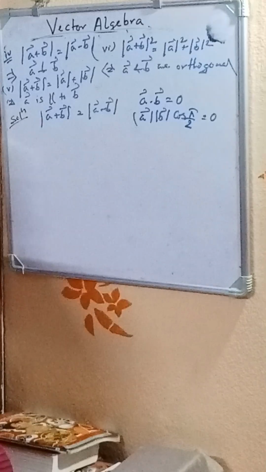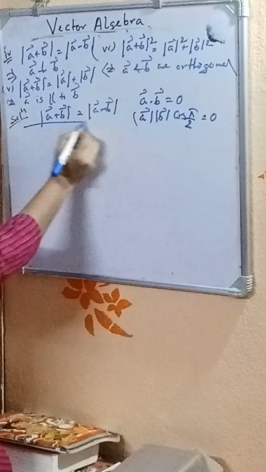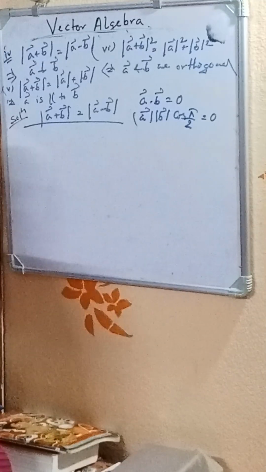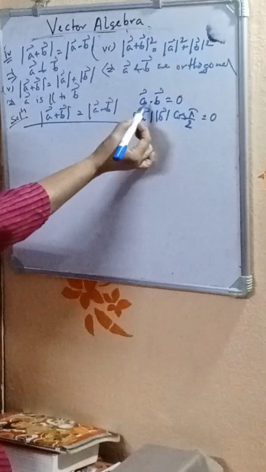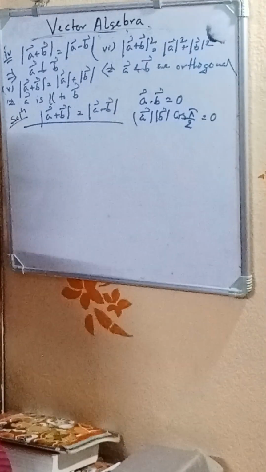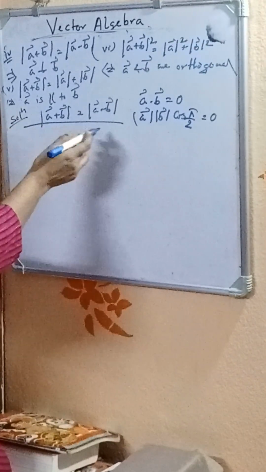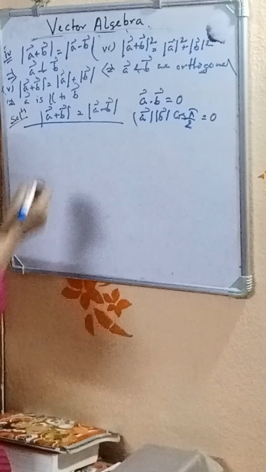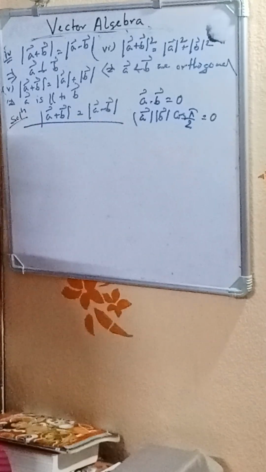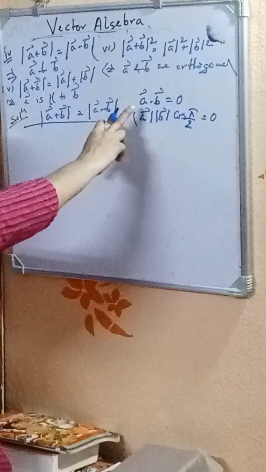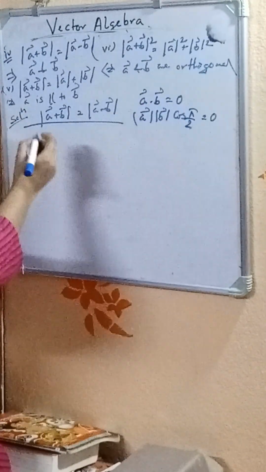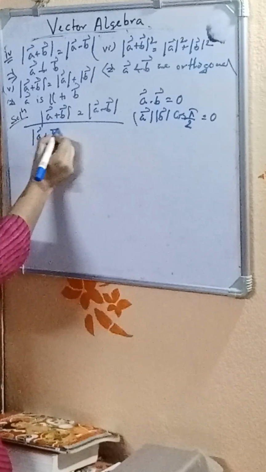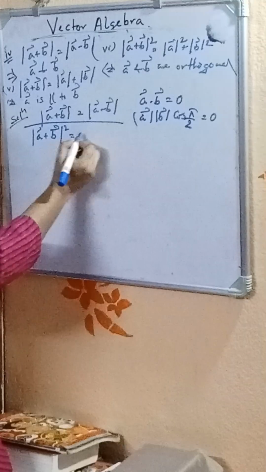So, from this, if we want to derive a dot b equals 0, we have to square both sides. Because if we don't square both sides, then we do not get a dot b. So, in the next step, we square both sides.